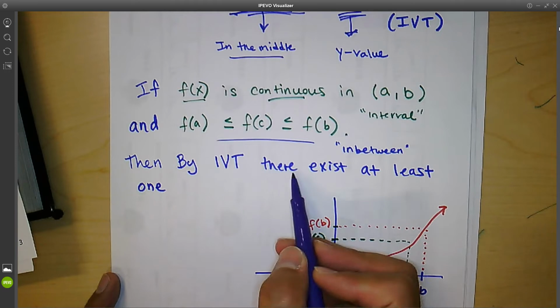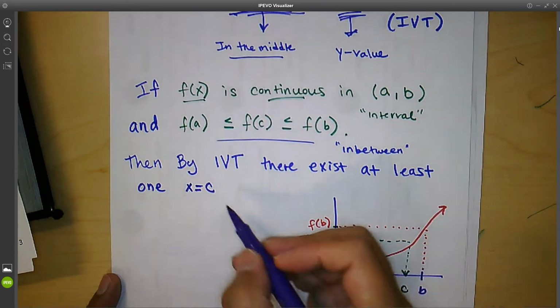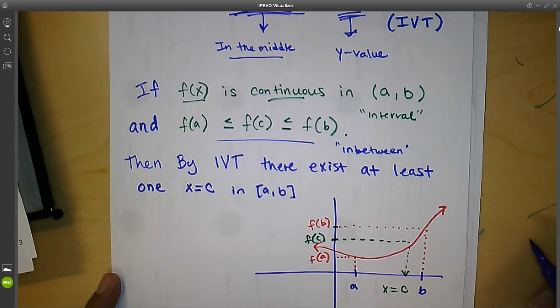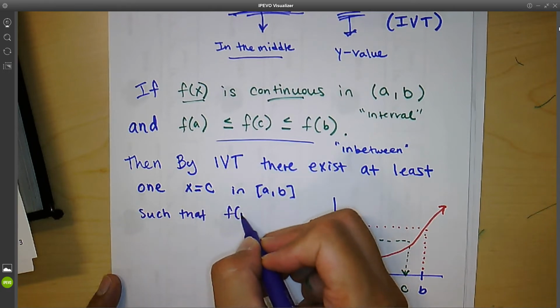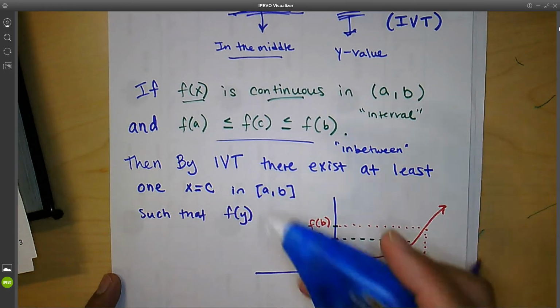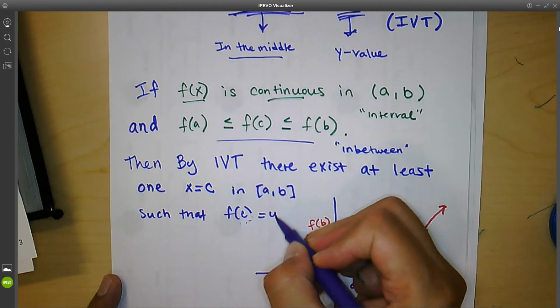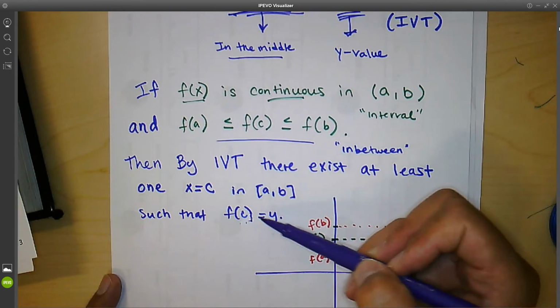So by the intermediate value theorem, there is at least one x equals C in our interval A and B. It guarantees a C in that interval. It doesn't guarantee a C outside the interval such that f of C produces that y value.